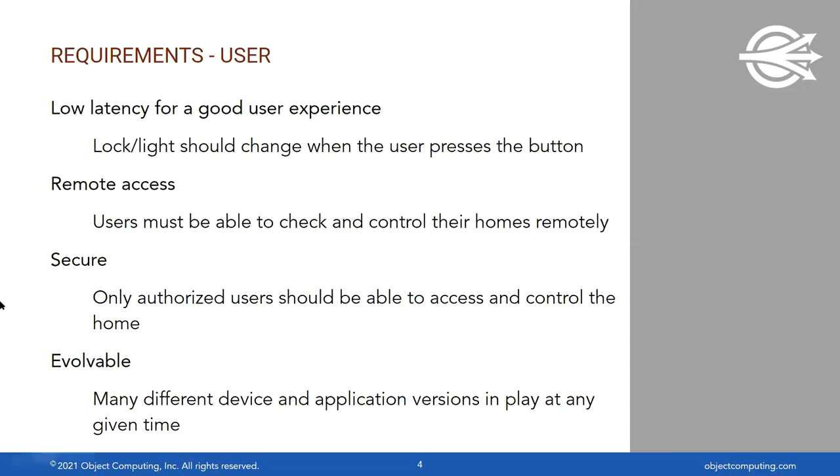Of course, security is always important, so we're providing ways that these real-world devices can be connected to the internet, so we have to make sure that it is secure and only authorized users can control these devices. And the system needs to be evolvable, right? So different applications and different versions can be in play at any given time.